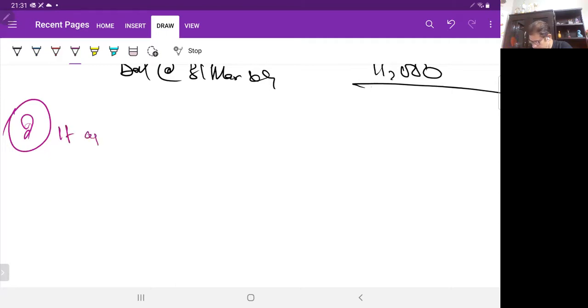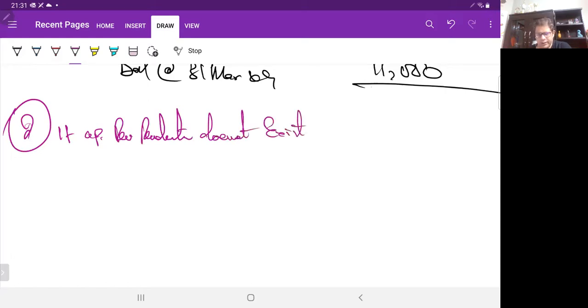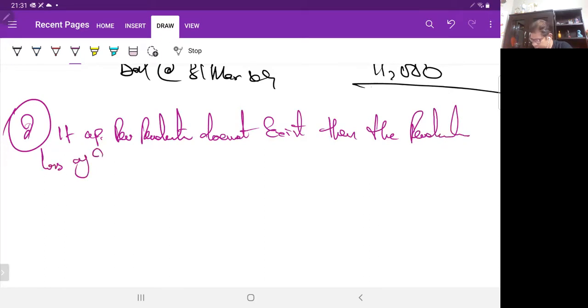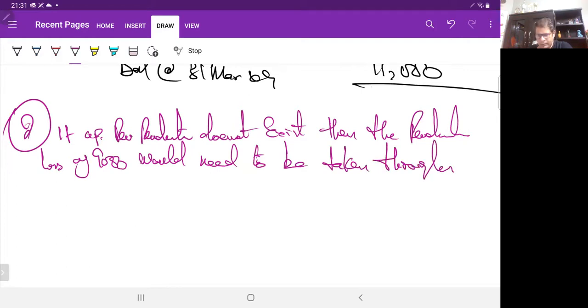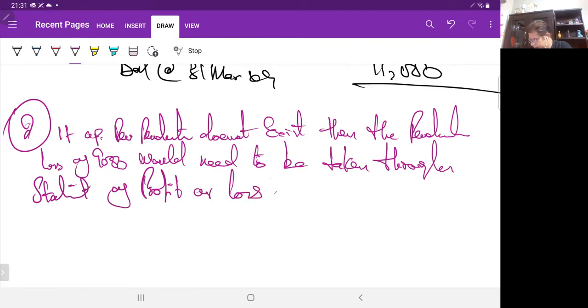If opening revaluation surplus does not exist, then the revaluation loss of 9,000 would need to be taken through the statement of profit or loss as an impairment expense.